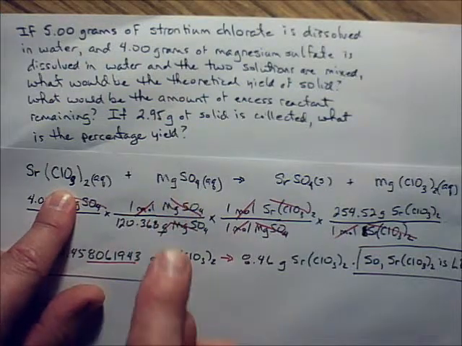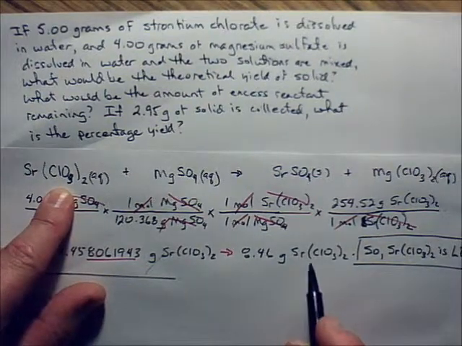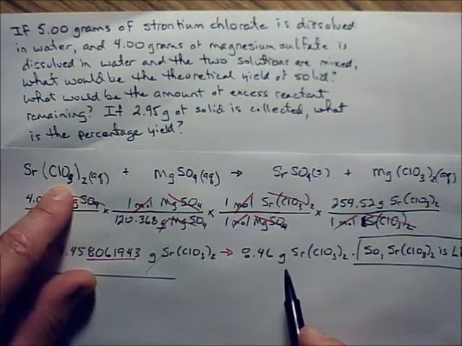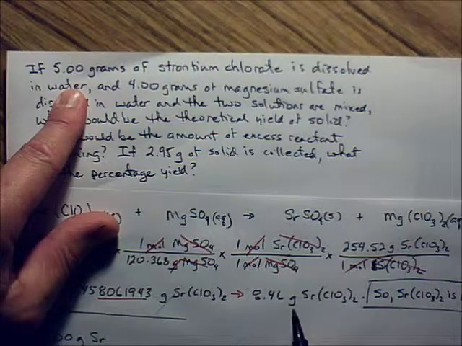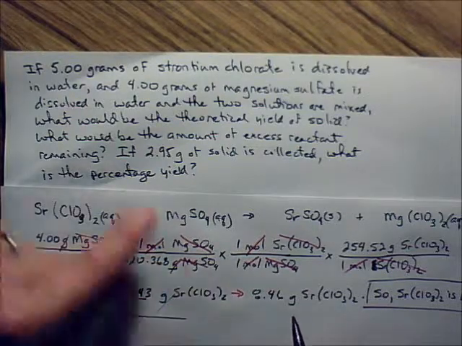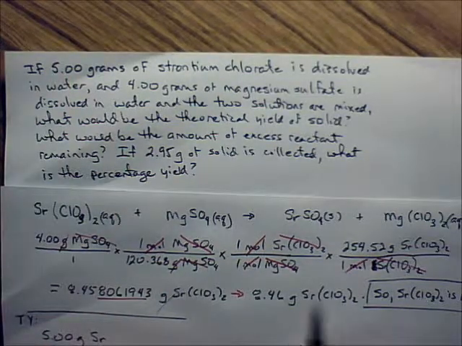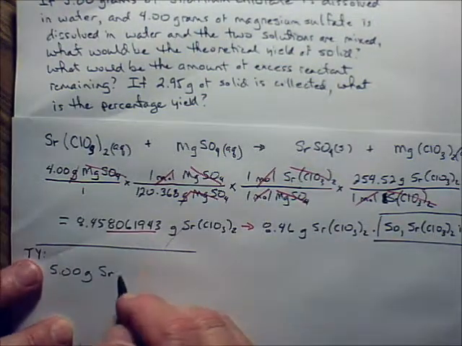If we have 5 grams of strontium chlorate, how do we magically have 8.4? We don't. That's the problem. This runs out first. And you might say we need this amount, and we don't have it, so this runs out first.